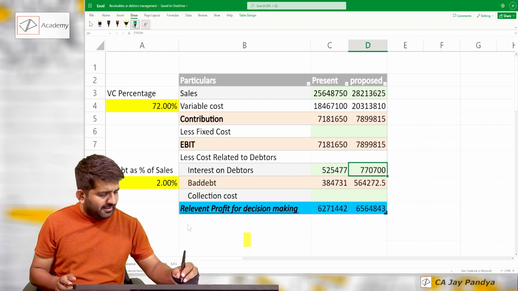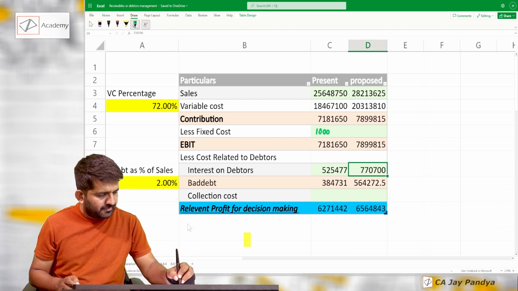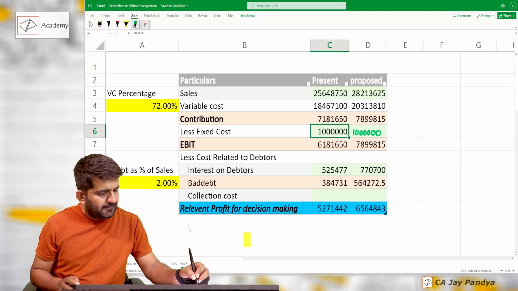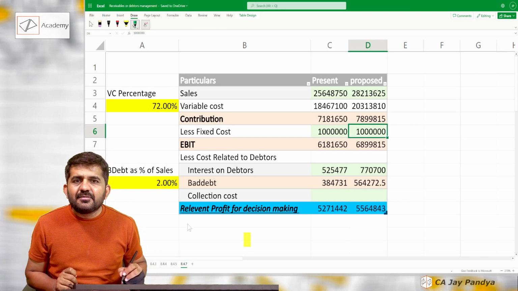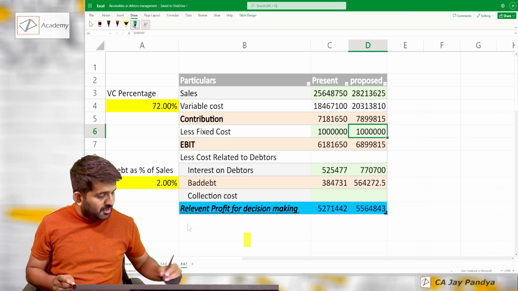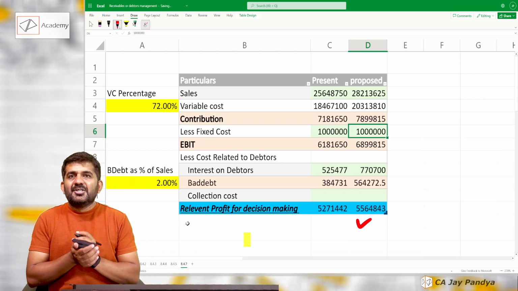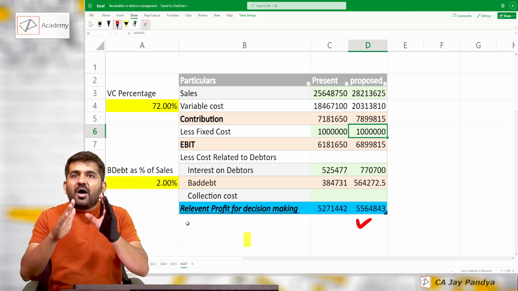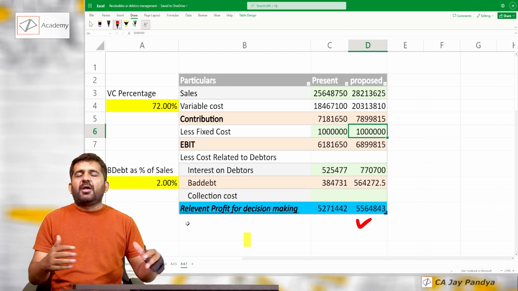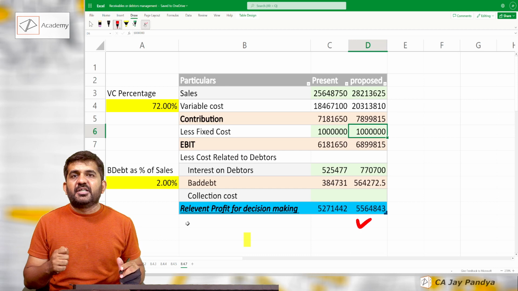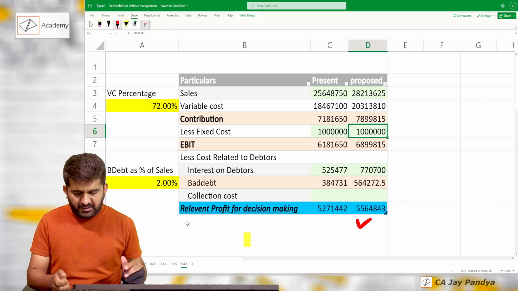Suppose it is 10 lakhs in both cases. My decision will not change. See, still the answer over here is higher, so you will take the decision. After taking the decision, all this calculation is useless. This profit is just relevant for decision making.